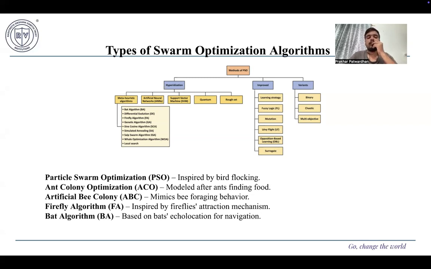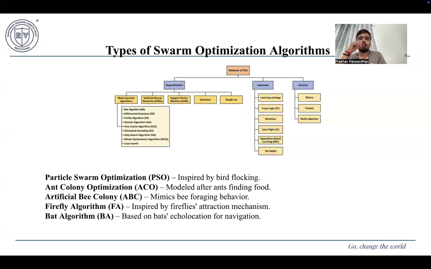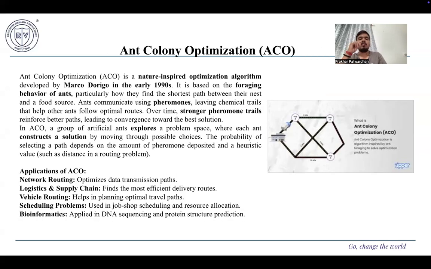The fourth one is the firefly algorithm, inspired by the firefly attraction mechanism. The fifth one is the bat algorithm, based on bats' echolocation for navigation. The first topic that I will explain from the types of swarm optimization is ant colony optimization.